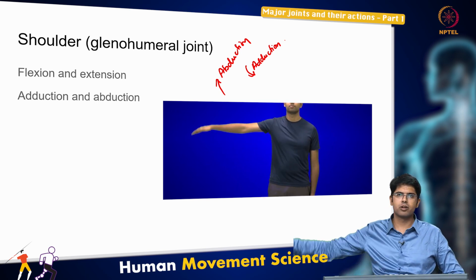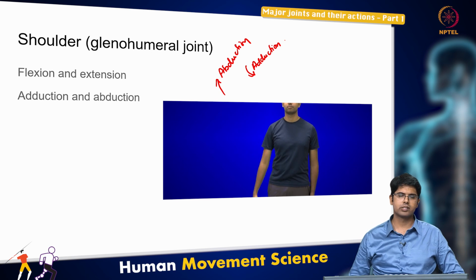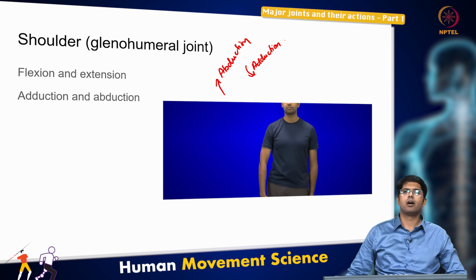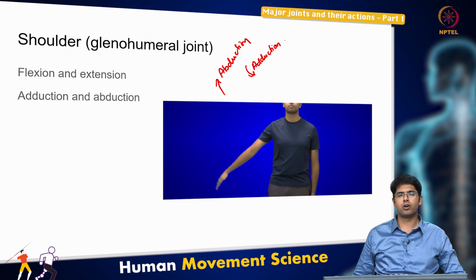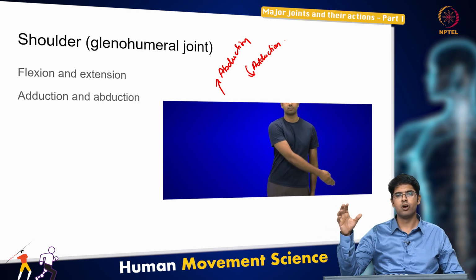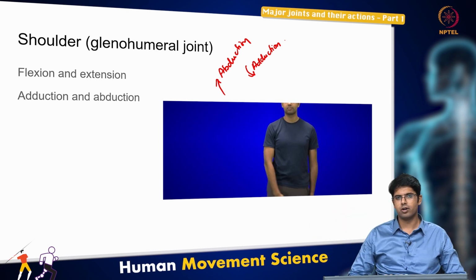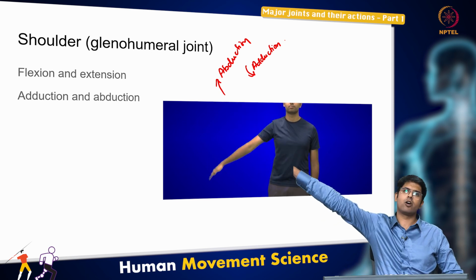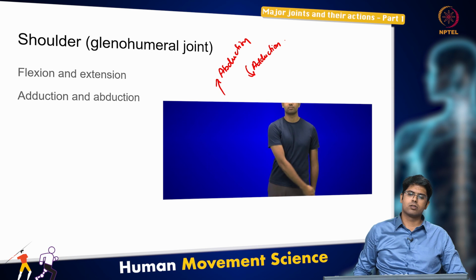This is a very important movement. You do this in exercises for the shoulder joint to strengthen these muscles. You also do these movements for a lot of sports activities and on a daily basis when you're trying to manipulate objects in your environment, say, reach sideways onto an overhead object.